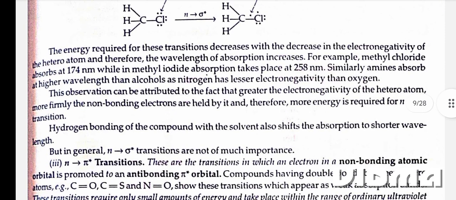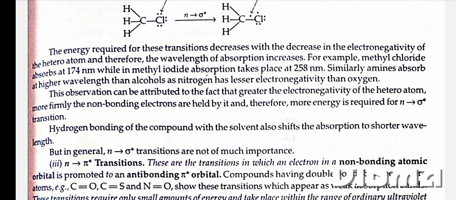The energy required for these transitions decreases with the decrease in the electronegativity of the heteroatom, and therefore the wavelength of absorption increases. For example, methyl chloride absorbs at 174 nanometer while in methyl iodide absorption takes place at 258 nanometer. Similarly, amines absorb at higher wavelength than alcohols as nitrogen has lesser electronegativity than oxygen. These observations can be attributed to the fact that greater the electronegativity of the heteroatom, more firmly the non-bonding electrons are held by it.